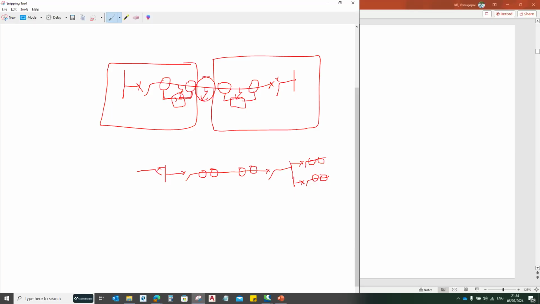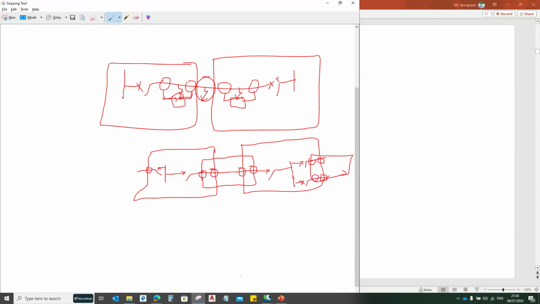Now, how I overcome these blind zones: this is my line protection, and this is my bus bar protection. Then this CT and this CT again go to my bus bar protection, and these CTs go for feeder protection.